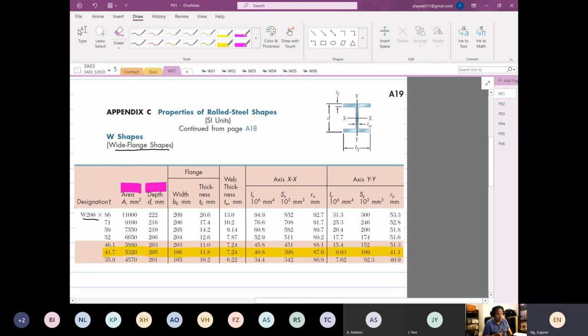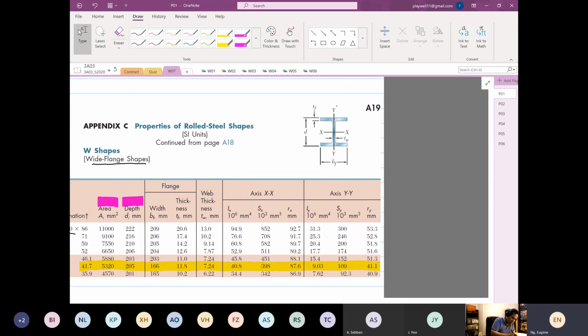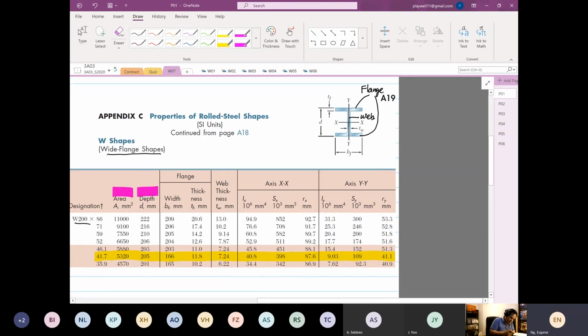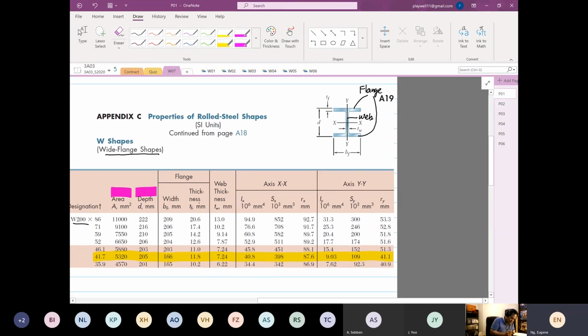This is usually classified as our flange, and this is usually classified as our web. You're given a flange width and thickness, BF and TF, and then you have the web thickness.